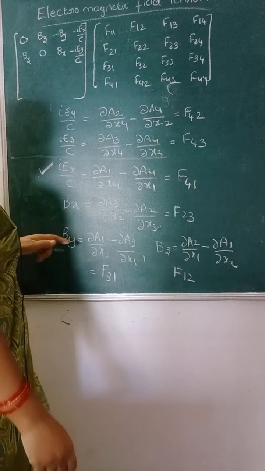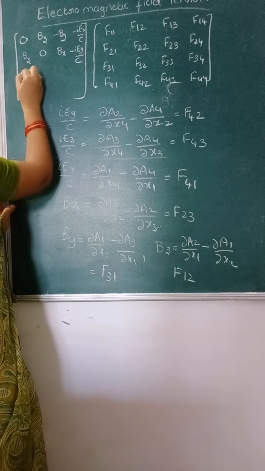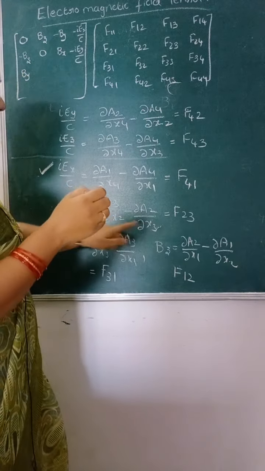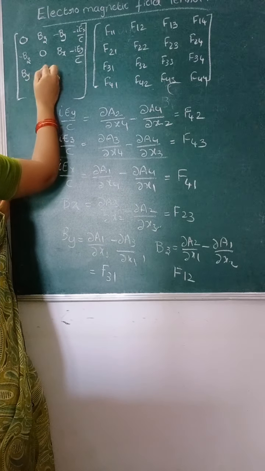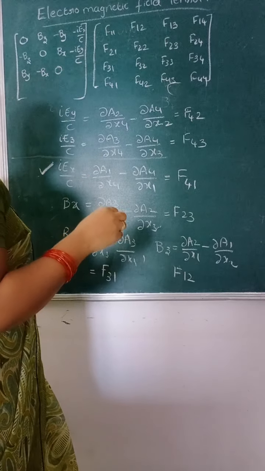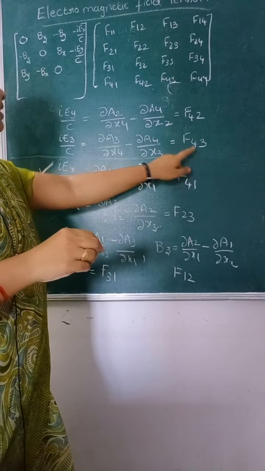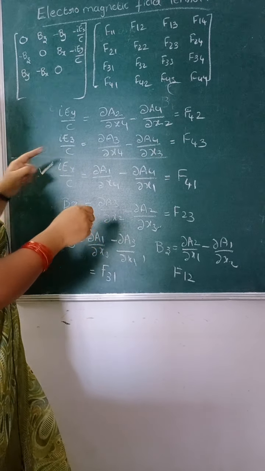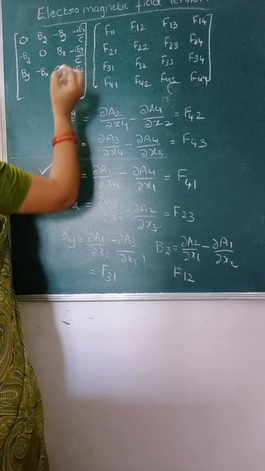Next, what is F31? F31 is By. F32: since F23 is Bx, then F32 is minus Bx. And F33 is 0. And what is F34? Since F43 is iEz/c, then F34 is minus iEz/c.